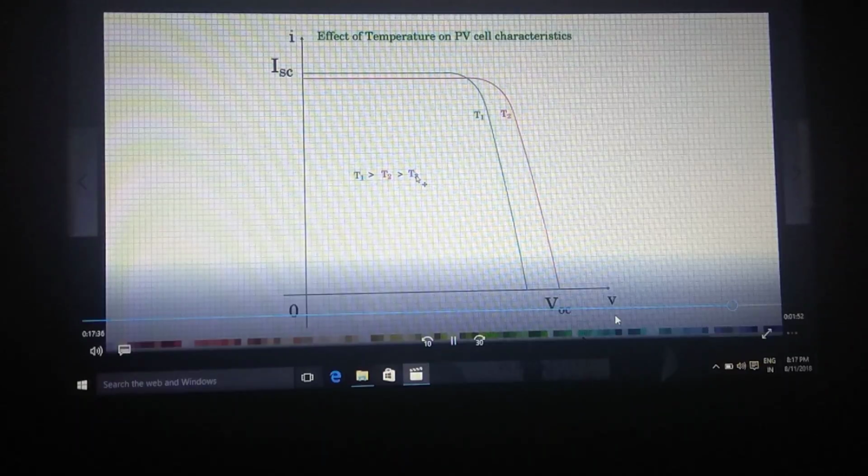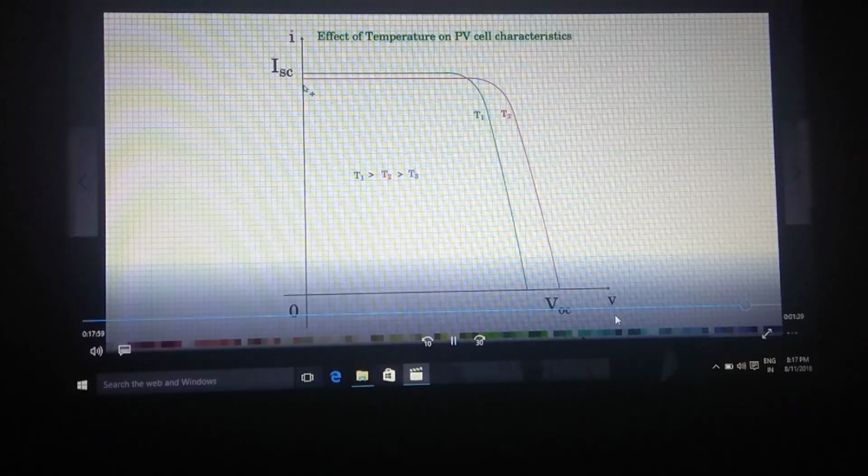T3 is a lower temperature, much lower than T1 and T2. So we would expect the curve for the VOC to be on the side of T2, the red line. And for ISC, because the temperature is lower, we would expect it to be below the red line. So this is the curve that is expected for the IV characteristic, which is set at temperature T3.